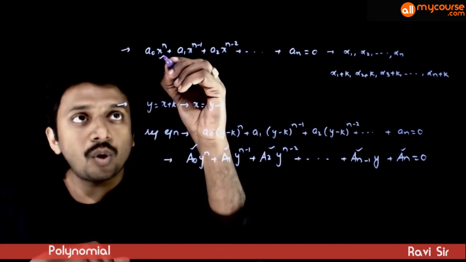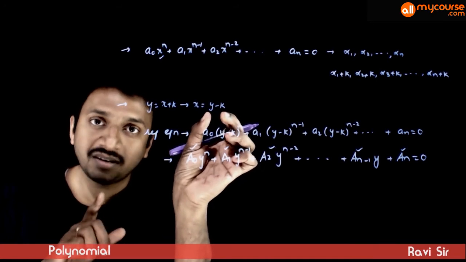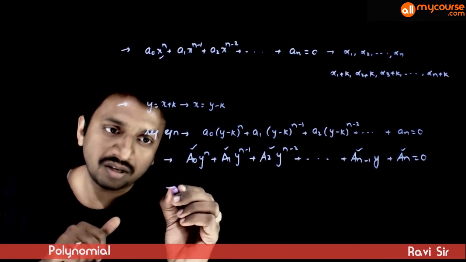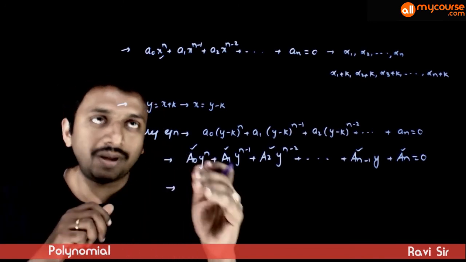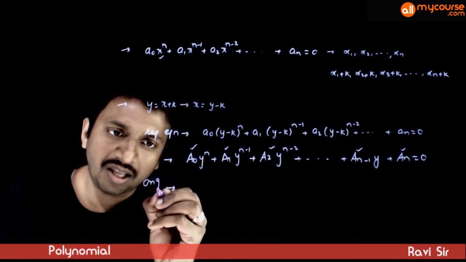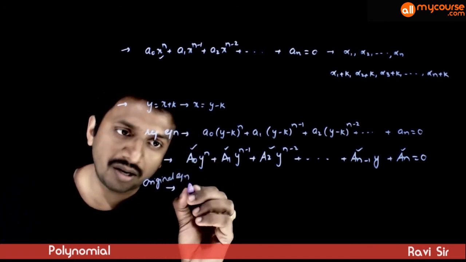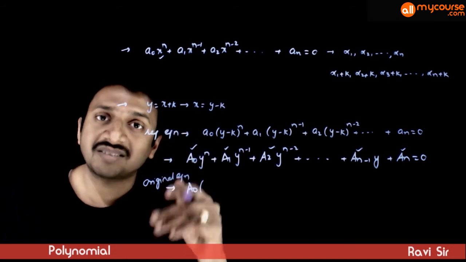In the original equation, I substituted x is equal to y minus k to get this equation. So in this equation, if you substitute y is equal to x plus k again, you get the original equation, right? So the original equation can be found out by putting y is equal to x plus k again.